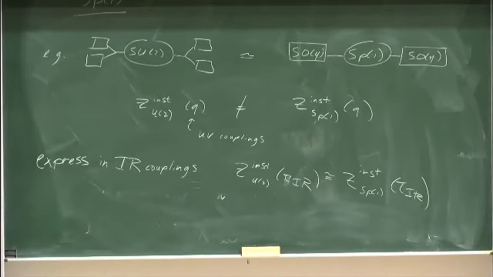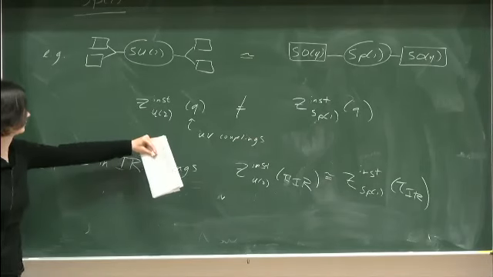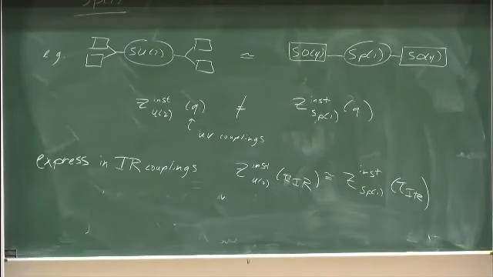So instanton counting for these SP1 theories actually does make sense. But what does it mean? What does the fact mean that if you express it in terms of UV couplings, that they don't agree?